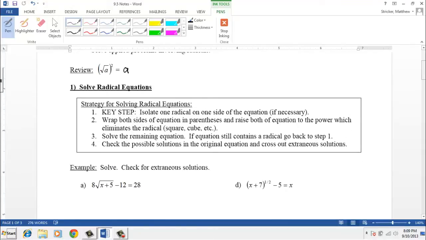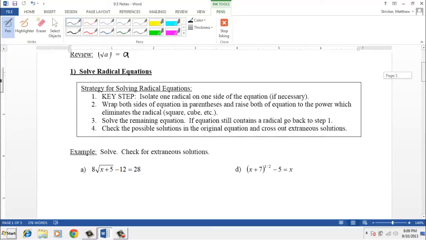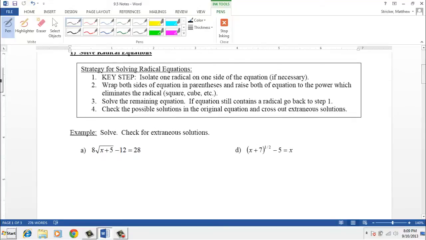And so I have here, when I'm solving radical equations, I have basically a four-step process. You can follow these steps to help you solve the problem, but really I want you to focus in on what it is that we're doing, because that's going to be the key. So the first step here is to isolate one radical on one side of the equation if necessary.